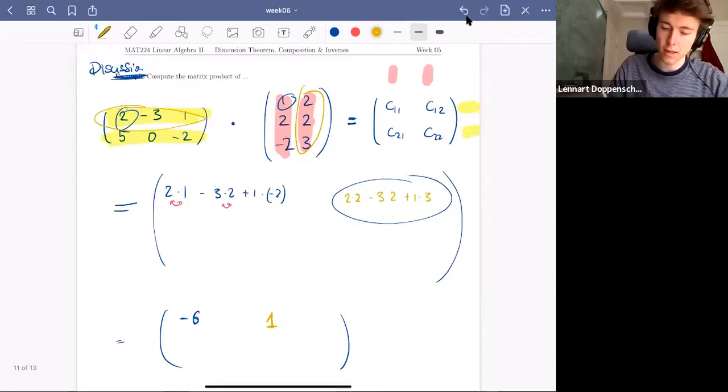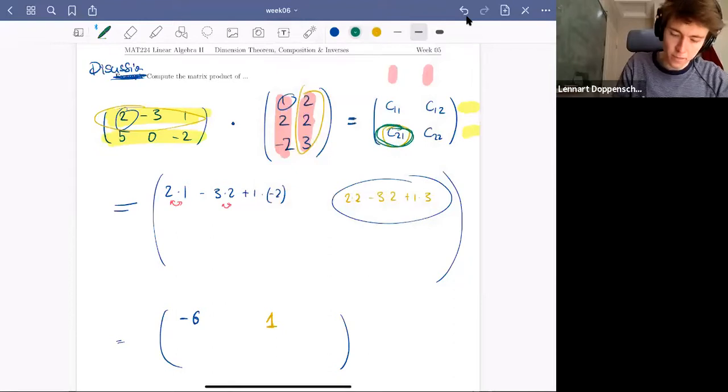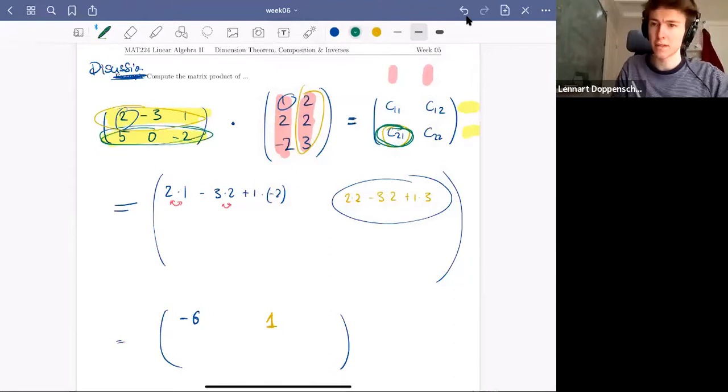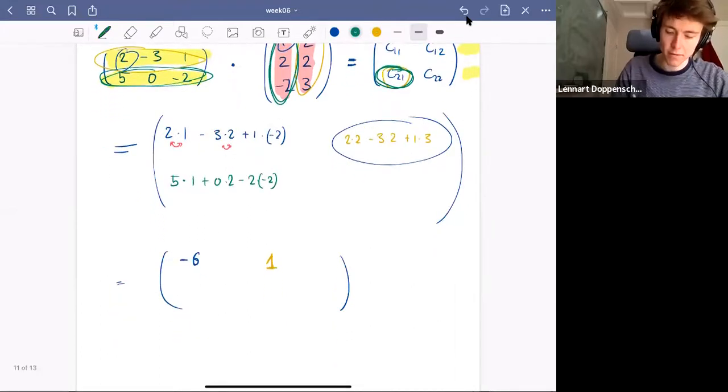Now, if you take the 2,1 element, we take the second row of the left factor, the lower one, and we take the left column, and then we get 5 times 1 plus 0 times 2 minus 2 times -2. This is going to be 5 plus 4.